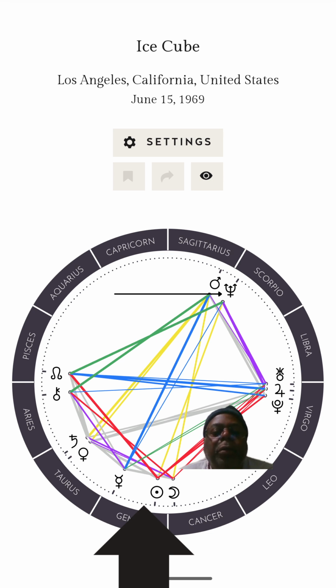Now, the first one I'm going to use right now is Ice Cube. With Ice Cube, we're looking for the sun. And here goes the sun. It's next to the moon. But look what's ahead of it, the planet Mercury. If you understand Mercury or know the keywords of Mercury, that speaks volumes because we know he's a rapper. He's also an actor, producer, among other things.